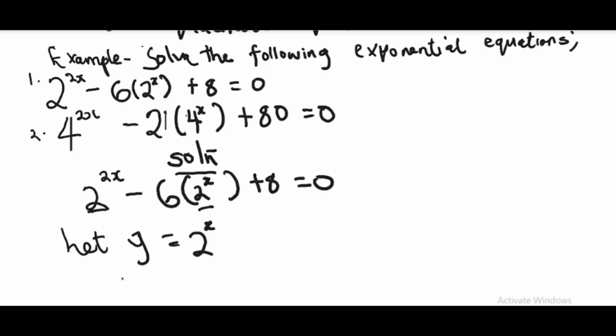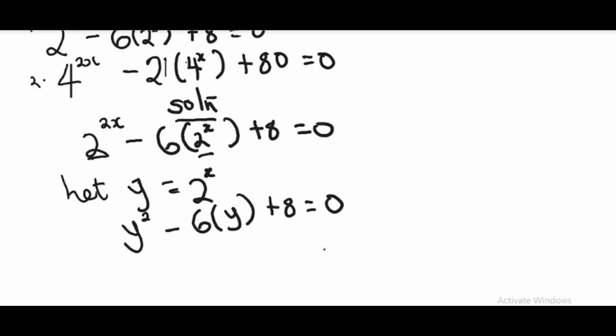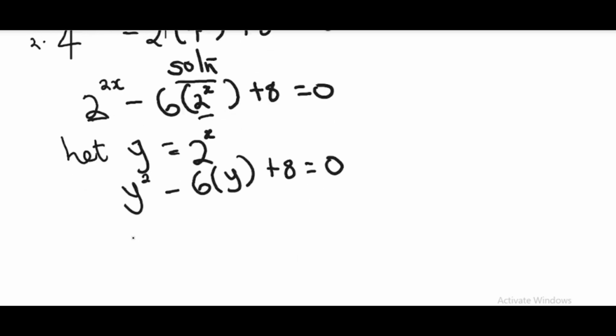So we'll have y squared minus 6 brackets, this is 2 raised to the power of x, so we'll just have y, plus 8 is equal to 0. So we now have a quadratic equation to solve in terms of y.